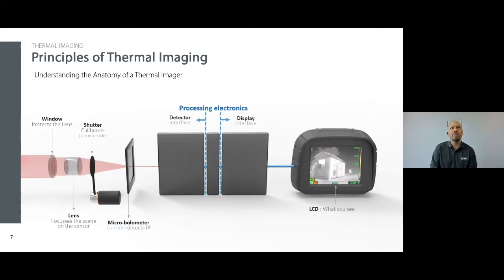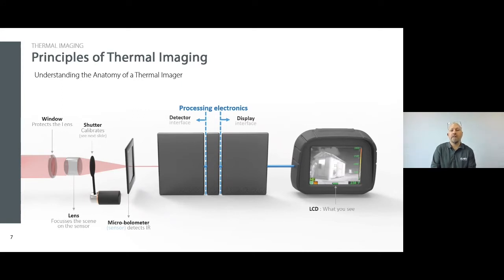So just the principles of thermal imaging, and this is very similar to what you would see in a traditional visual camera, not just a TIC. So on the left hand side of the screen, and fairly unique to the Argus brand, we have what we call a lens window.